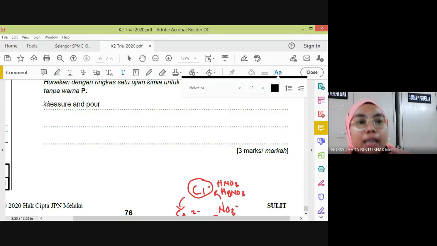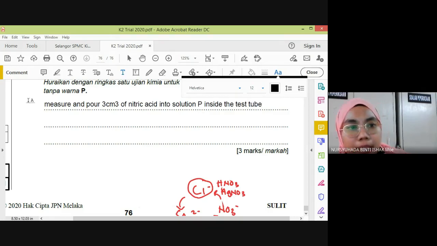So agak-agak lah. So kita pakai measure and pour 3 cm3 of nitric acid into solution P inside the test tube.